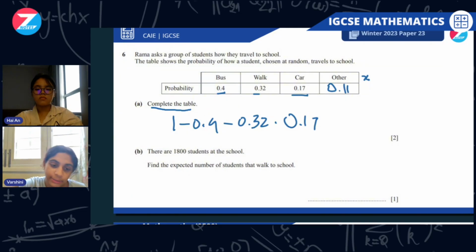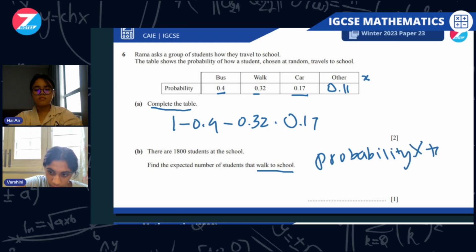There are 1,800 students at the school. Find the expected number of students that walk to school. So we know the expected number of students is just going to be the probability of something multiplied by the total, and that's going to give you how many students are expected to do something. We want the expected number of students that walk, and we know the probability of walk is 0.32.